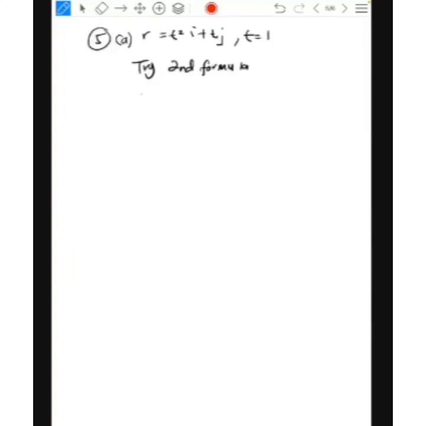Okay, so the R prime is 2t, 1, the R double prime is 2, 0. So the cross product of R prime and R double prime will be I, J, K, 2t, 1, 0, 2, 0, 0. The K is 0; when there is no K, it means K is zero.